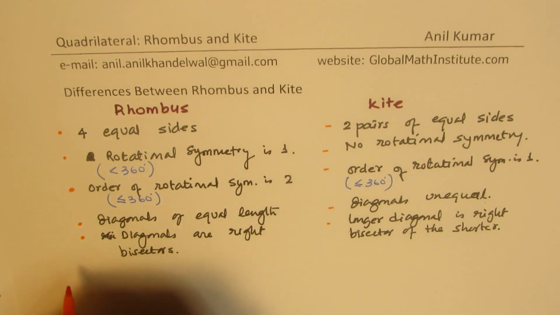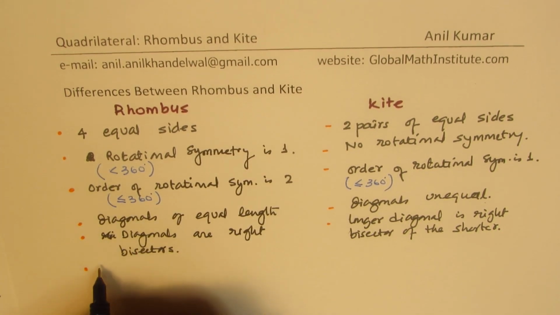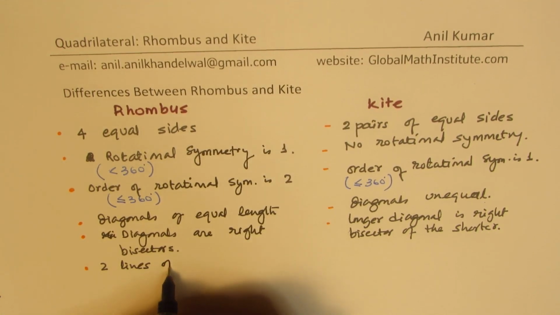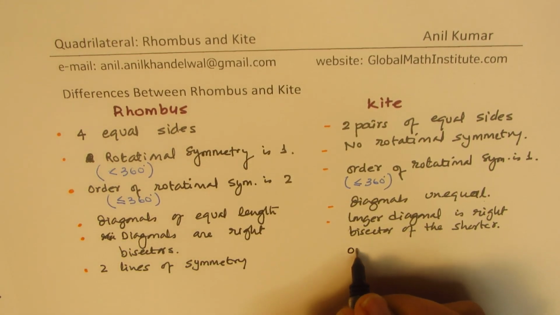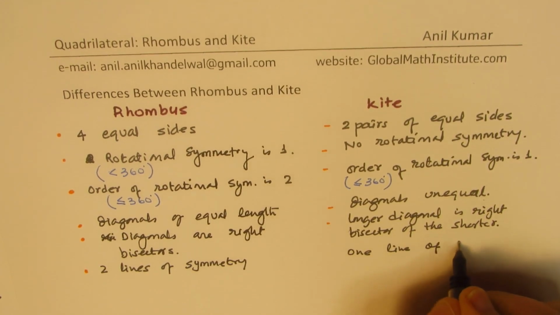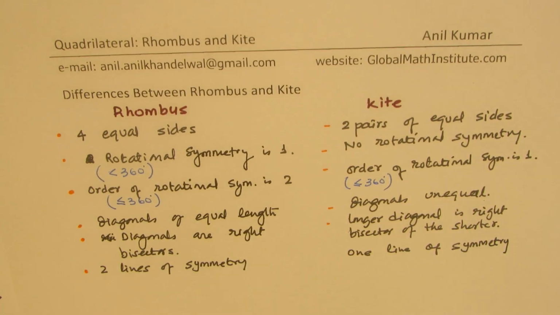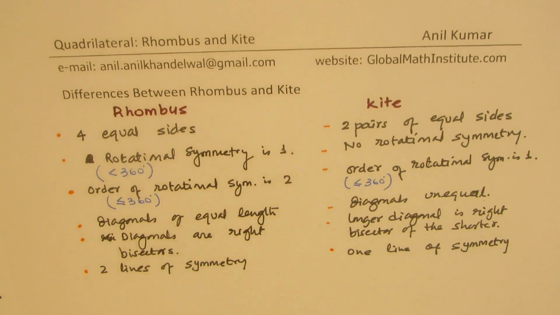Now we can talk about line of symmetry. When we're talking about rhombus, it has two lines of symmetry. In the kite, there's only one line of symmetry, and that line of symmetry is the longer diagonal.